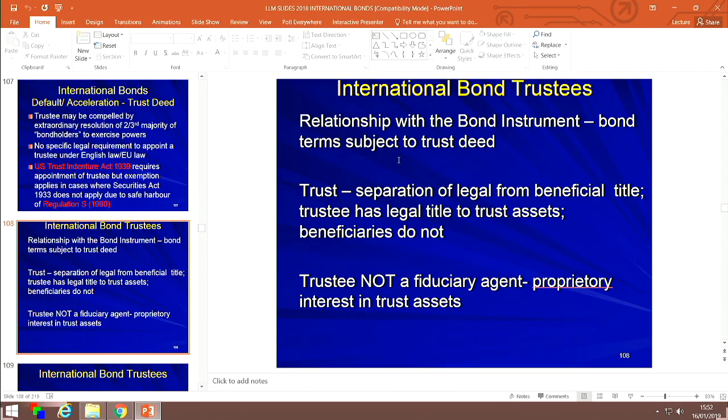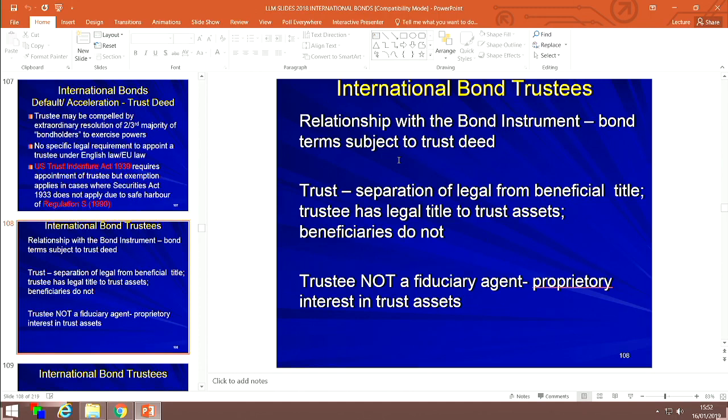Well, let's start with some basics. A trustee in the common law is not a fiduciary agent, as some civil lawyers assume it to be. Not at all. It is not a fiduciary agent because it, and it alone, has legal title to trust assets, nobody else. And it is subject to duties on the basis of the fact that it is the owner of the trust assets.